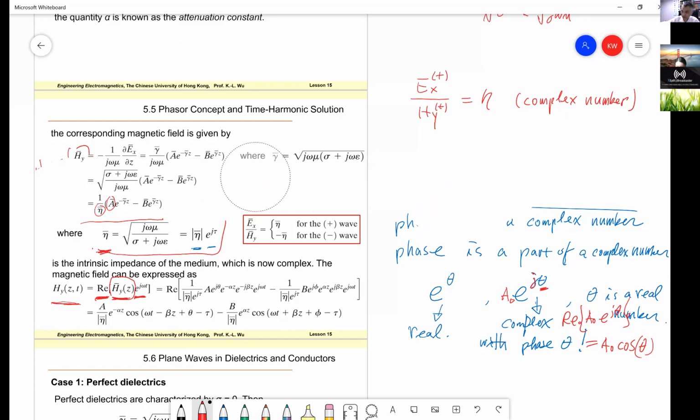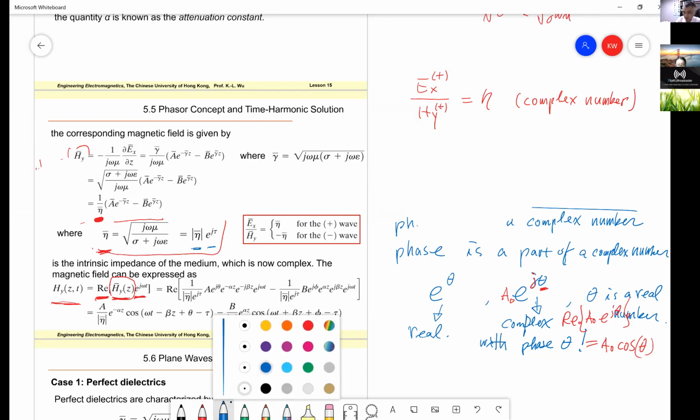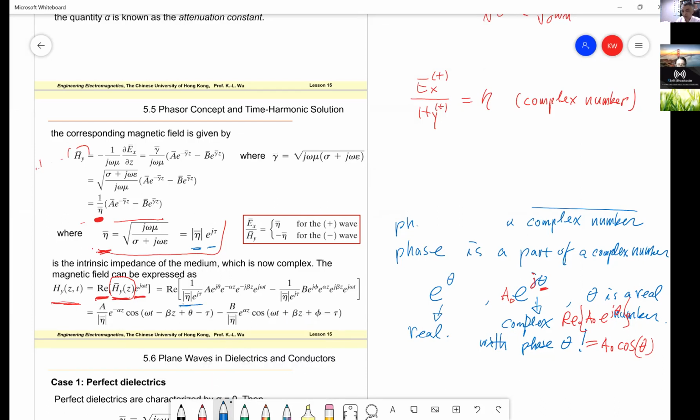Be careful what we should do. I don't like to leave this here. This is wrong. What we should do is first look at this eta. We convert eta into magnitude and phase.